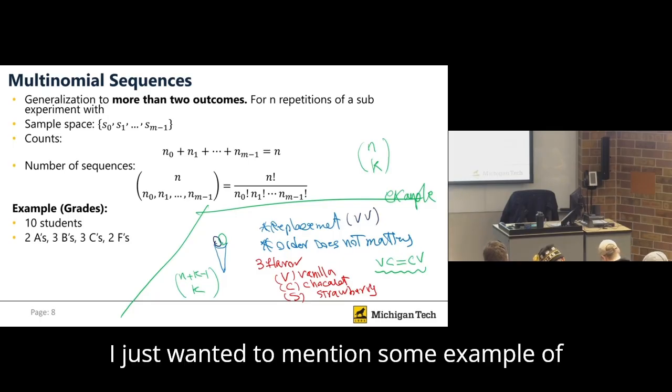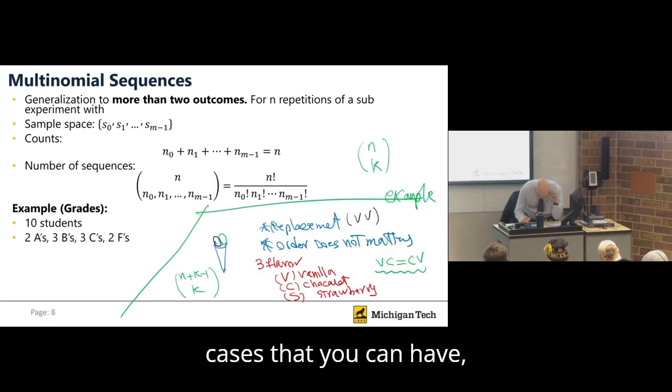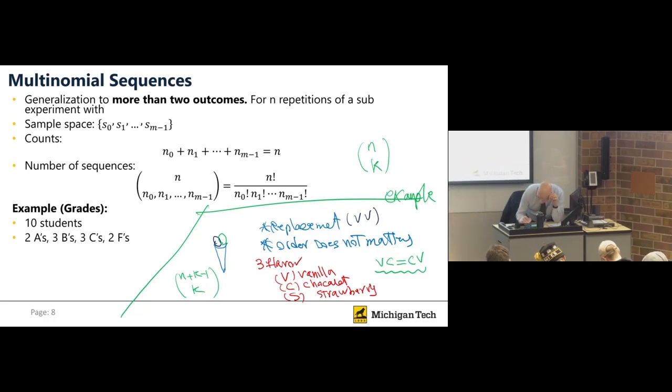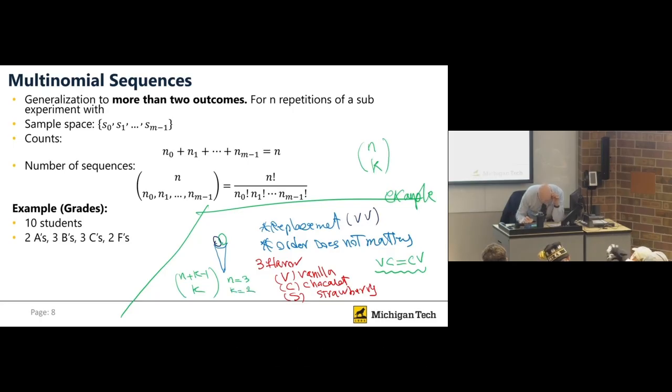I just wanted to mention an example like that. If you write up the cases that you can have, in this case, n is 3, so you have 3 flavors, and k is 2.